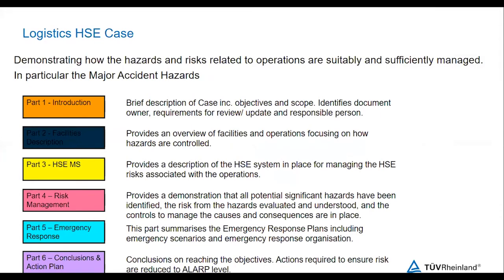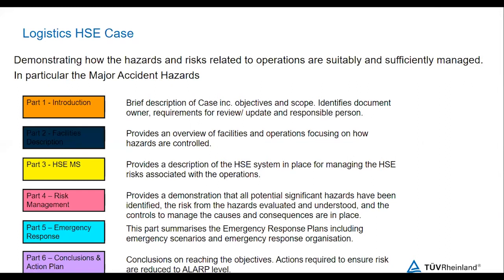Actually, the safety case, as per our approach here in Egypt, we have utilized this approach that the safety case contains 6 parts. The first part is an introduction, brief description about the case, what is the objective, to whom the safety case is going to be delivered, and so on.